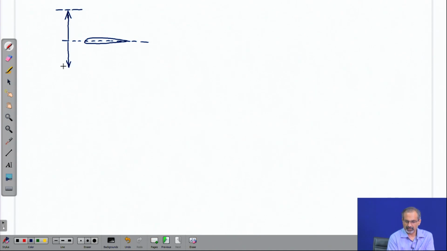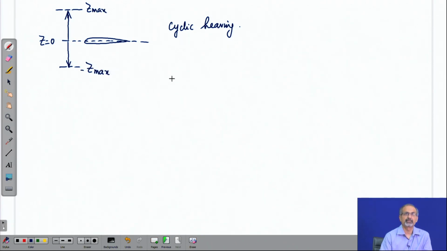This would be an instance of cyclic heaving. Z equal to 0 is the mean location of the airfoil, and the upper and the lowermost positions could be Z max and minus Z max, between which there is a cyclic heaving of the airfoil. Again, there is some associated frequency and amplitude that is defined over here.